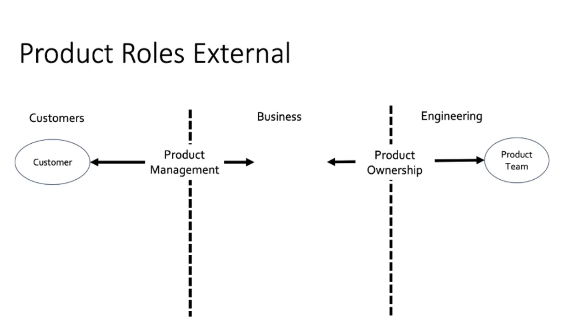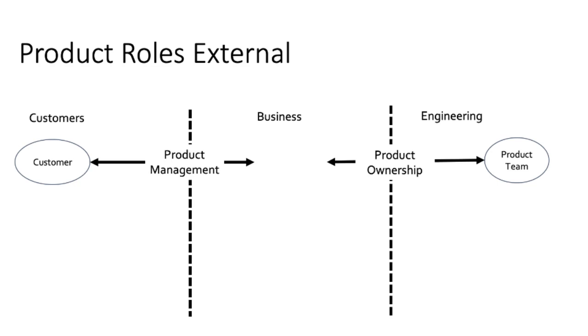In an internal product setting, you work on a product that enables your organization to provide products and services to customers. I'd like to explore an external product setting in order to better understand the relationship between product managers and product owners. Next, we'll look at internal product settings where business analysts play a much bigger role.